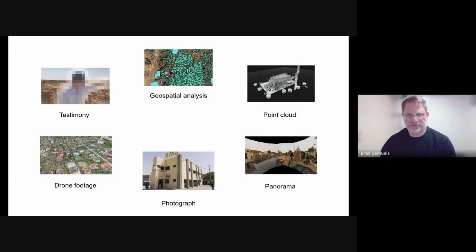So it could be testimony, it could be geospatial analysis, point clouds or 3D data, drone footage, photographs, panoramas. These are all part of the mix, and part of this work is synthesizing and looking to establish which tools might be useful for which different types of assets.